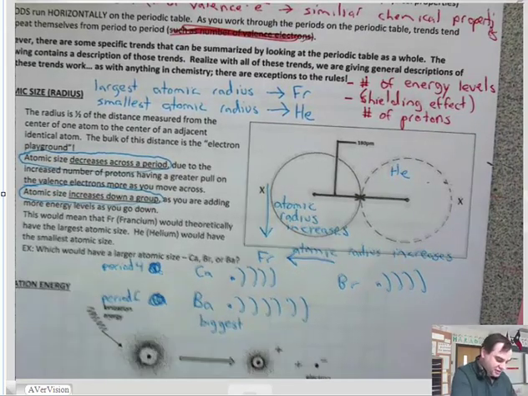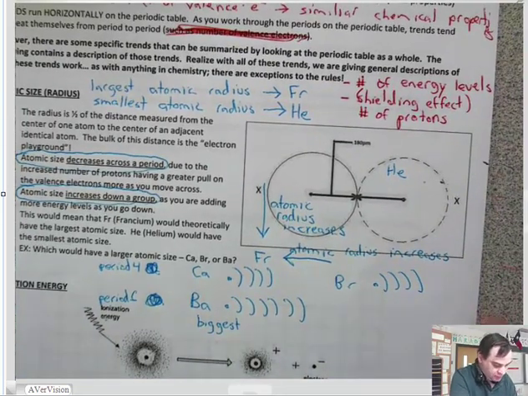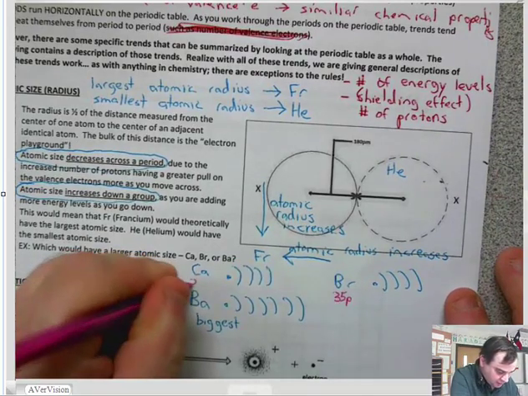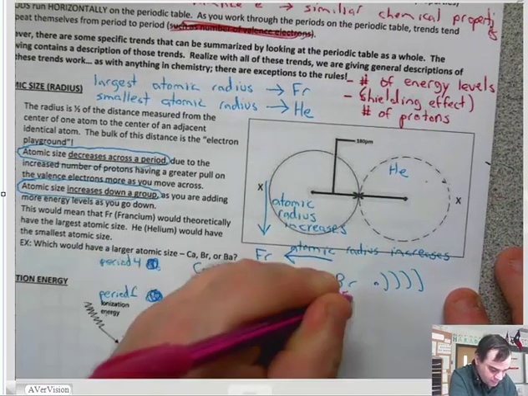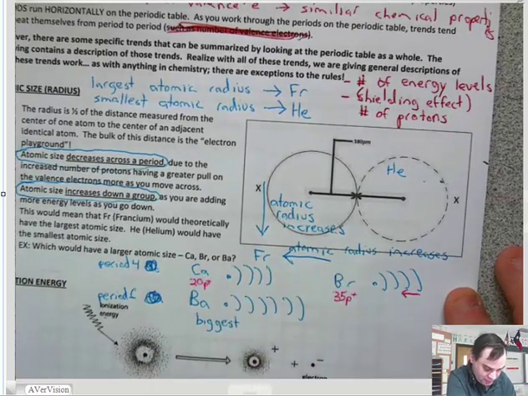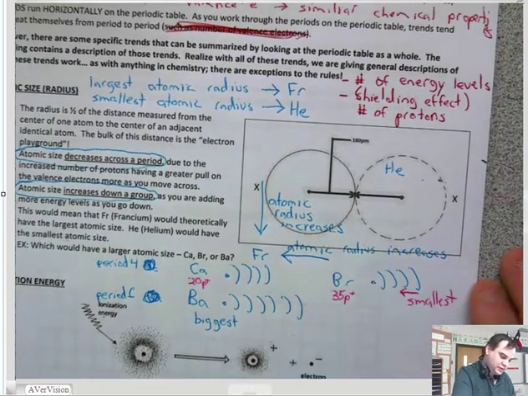Now comparing calcium to bromine here. Bromine has 35 protons and calcium has 20 protons. So the 35 protons draws this in, making this the smallest one.